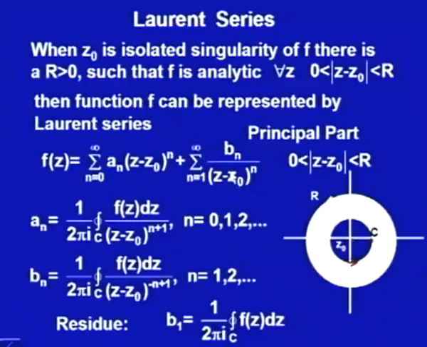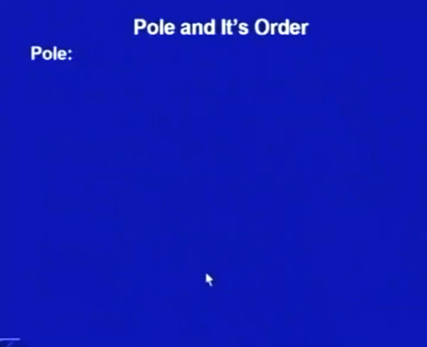Why? This principal part is going to classify my isolated singularities, because my function f has an isolated singularity at Z naught. The kind of singularity is what we identify using this principal part. Let us see how we are going to use it. We define a pole.